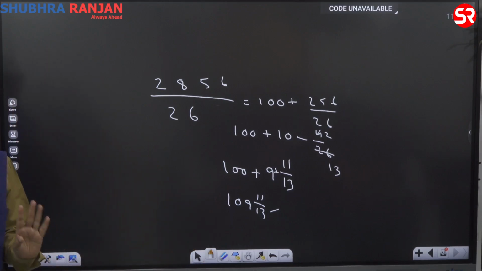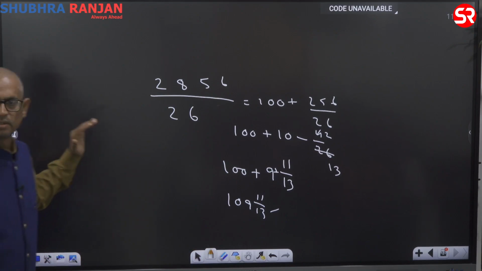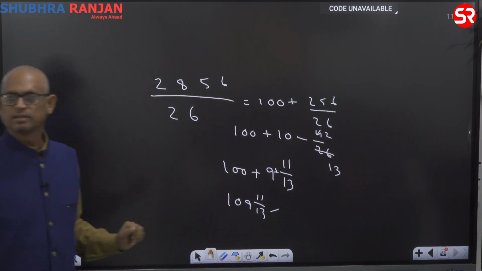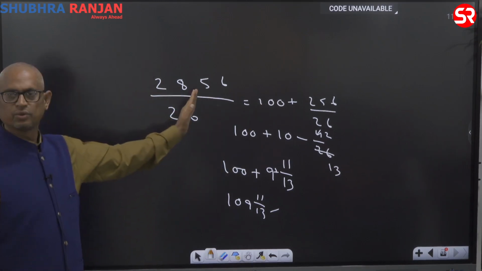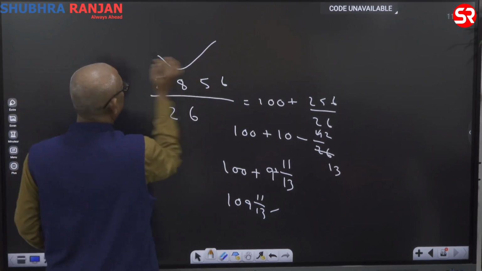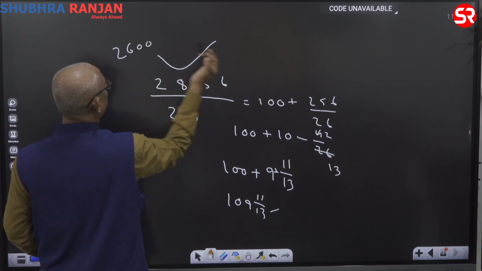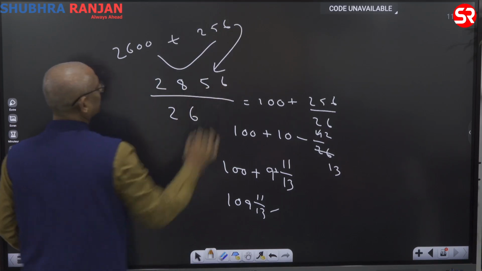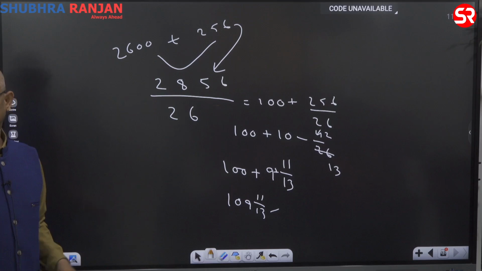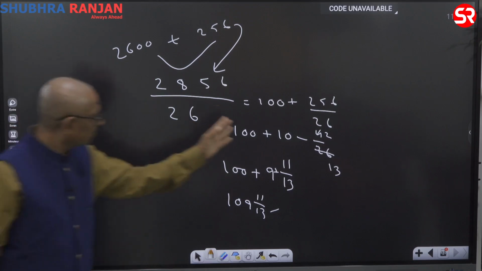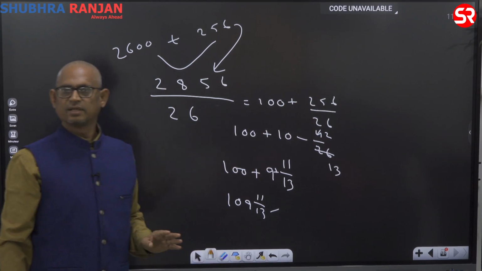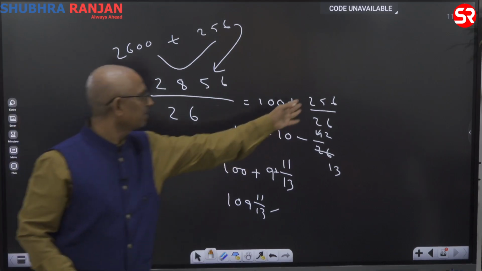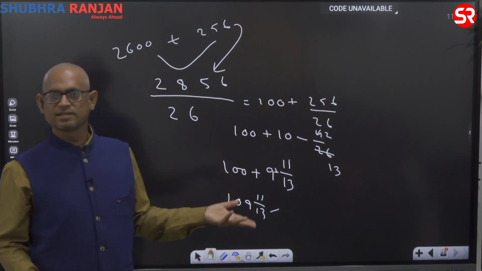Everyone comfortable? Which one? This one. So what is 26 hundreds? 2600. So this can be written as 2600 plus 256 by 26. Now what is 26 tens? 260. But here how much less is it?